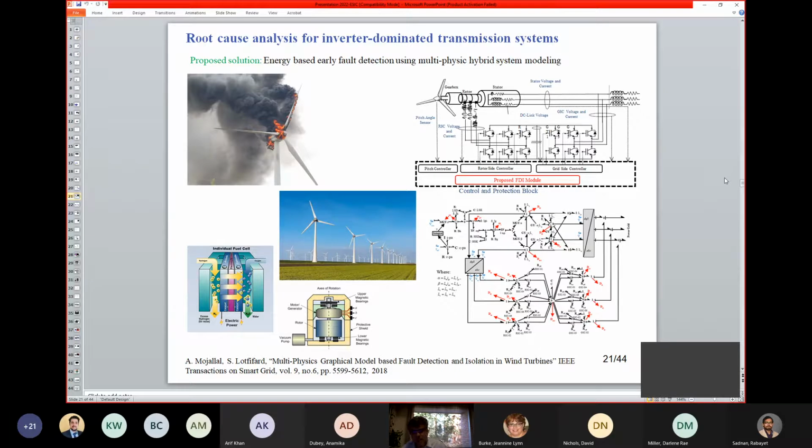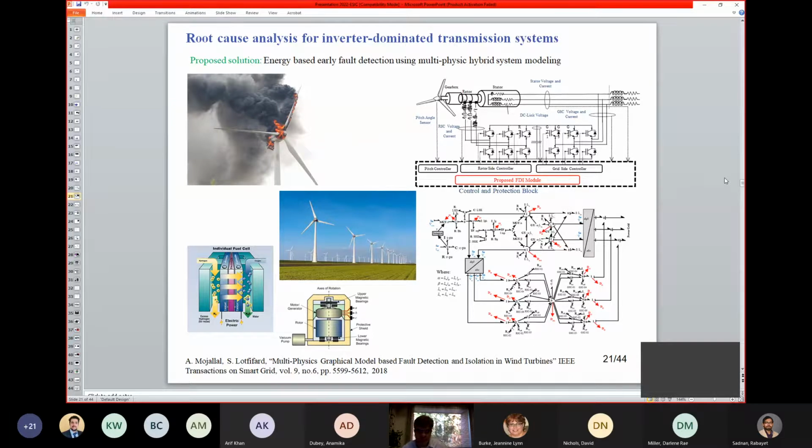Here we have utilized a multi-physics graphical model that looks at how energy in the device is transferred between different points. So we are not limited to one physical domain, not limited to electrical. It can easily transfer to the mechanical part, the hydraulic part. The main component was how to get rid of those switchings, because they are the main concern for early detection, not for protection.